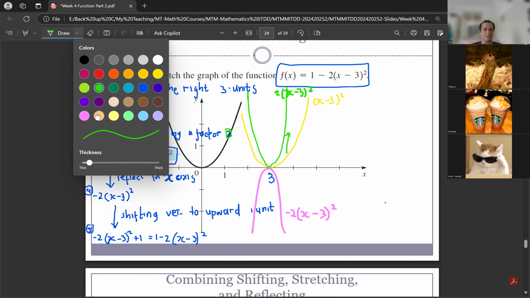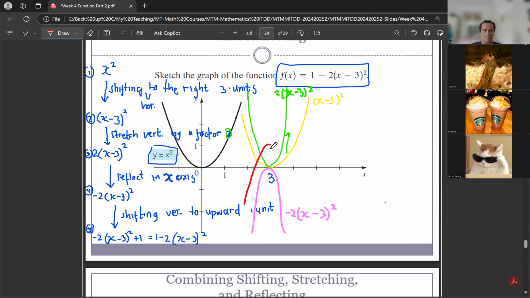So the last graph becomes that. This is the final graph. The maximum value is at (3, 1). It is 1 minus 2 times (x minus 3) squared.